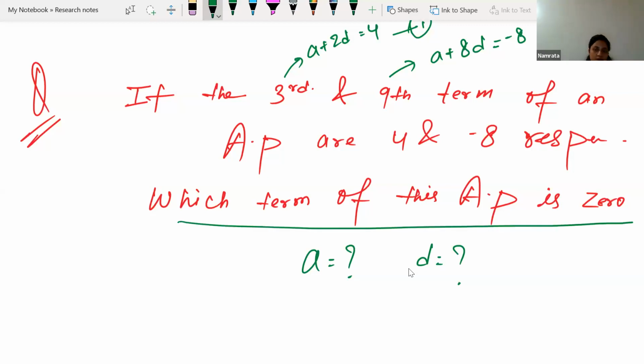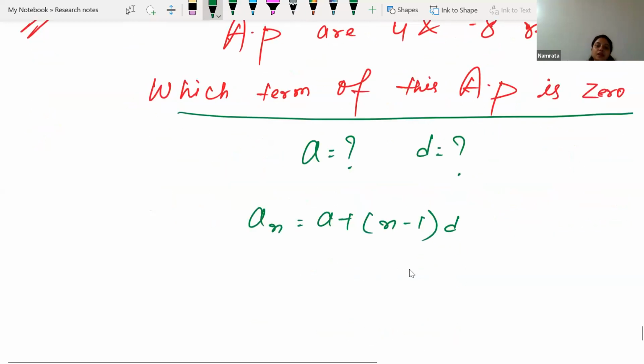Then do we just substitute in the standard form of AP? In that standard form, An is equal to A plus n minus 1 times D. A we know already, D we know already.